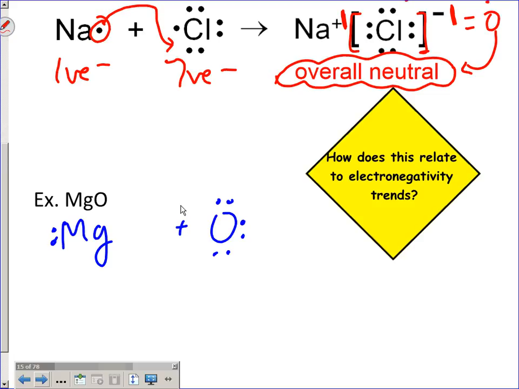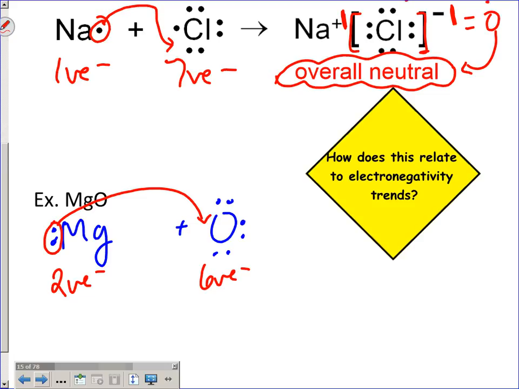And we're going to talk about that. All right, what did you guys do with my magnesium and my oxygen? Magnesium lost 2 because it only had 2 valence electrons, which was less than 4, and oxygen had 6, so there's no way oxygen's going to lose that. So what happens?